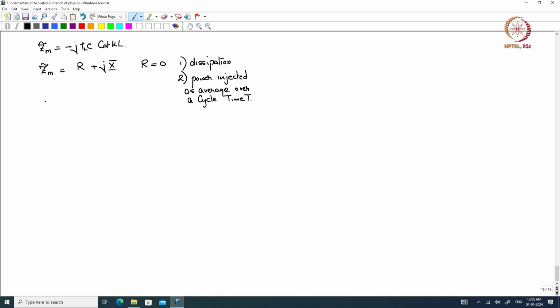So, now what is happening is that we have a finite string that is fixed over here, and we are forcing it over here. So, this forcing agent is saying there is no dissipation, of course, because in the material there is nothing to dissipate. However, over a time cycle, time period T, I am not injecting power, no average power.